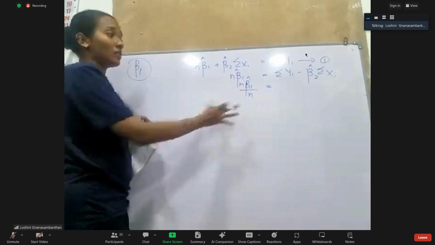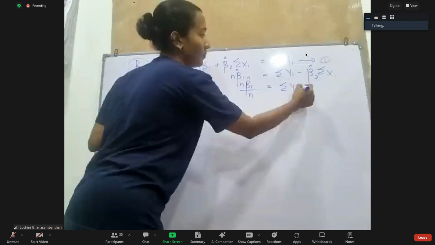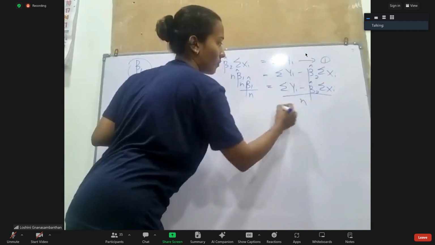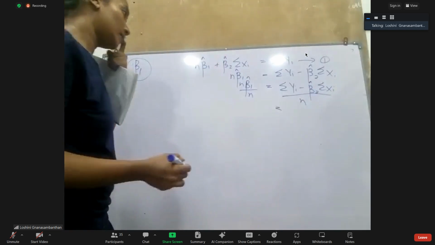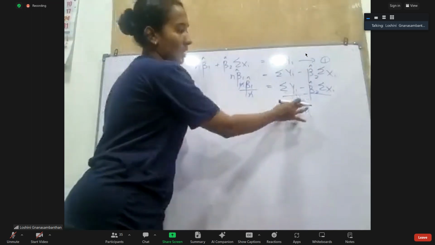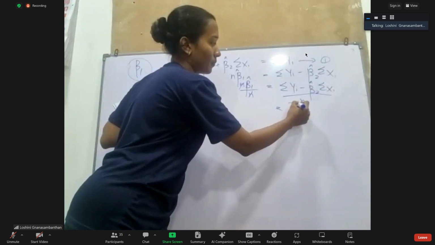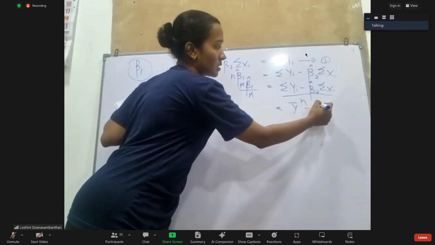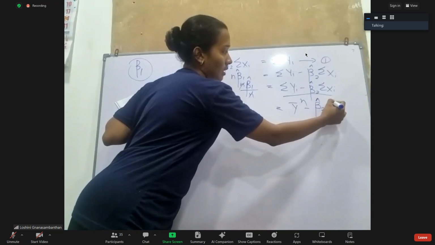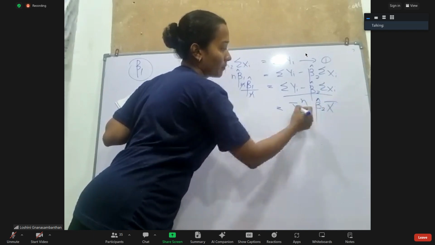Now, if you are doing something on this side, additionally, you should do the same to the other. Okay. Now you know that sigma yi divided by n is what? Y bar, minus sigma x divided by n is x bar.